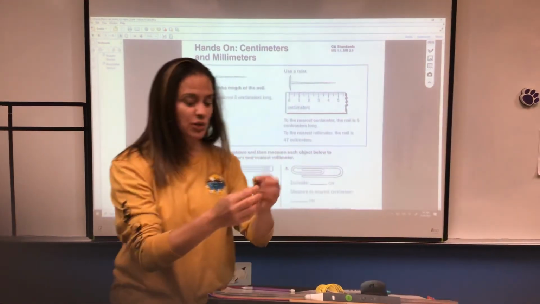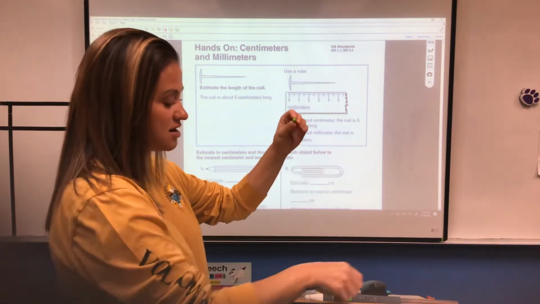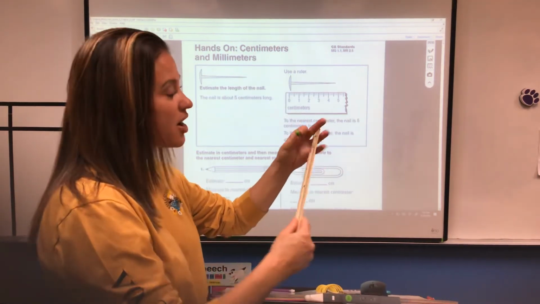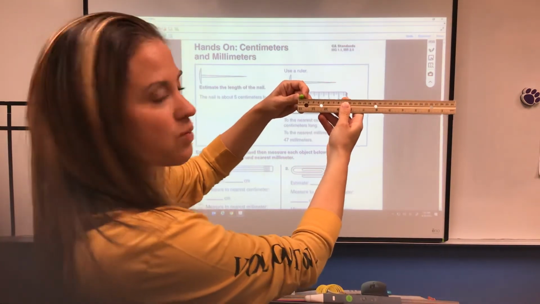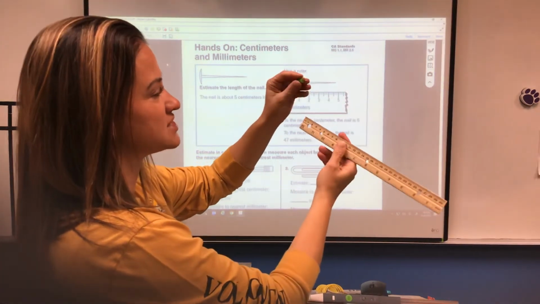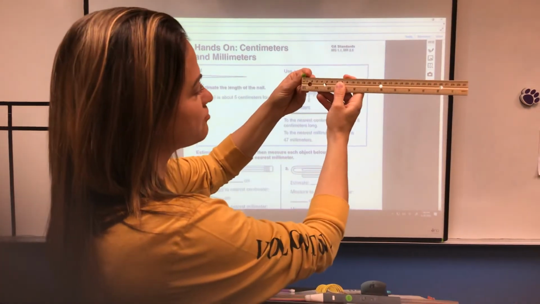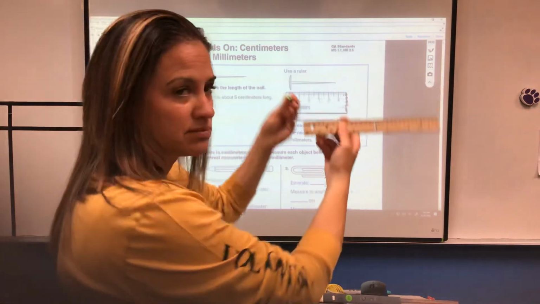So if I have this little pin tack here, if I'm going to measure the size of the green end, I'm probably going to use centimeters because it's a little bigger and it shows it's probably about 1 centimeter long. But if I'm using the tip of the pin, how skinny and little that is, I'm probably going to use the millimeters in between, and it'll show that it's about 1 millimeter.